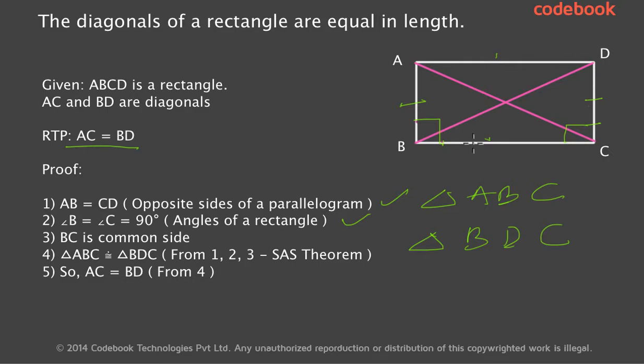So the two sides and the included angle of the two triangles are equal. So these two triangles are congruent by SAS theorem. So that means AC and BD, which are the two corresponding sides of those two congruent triangles, must also be equal. So AC is equal to BD. So hence we have proven that the diagonals of a rectangle are equal in length.